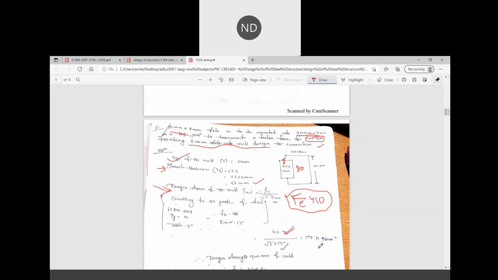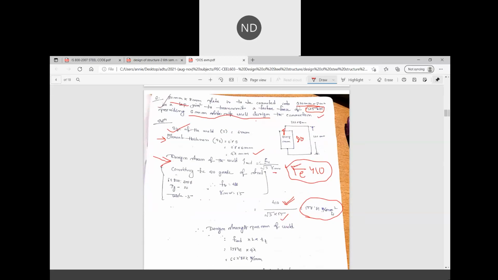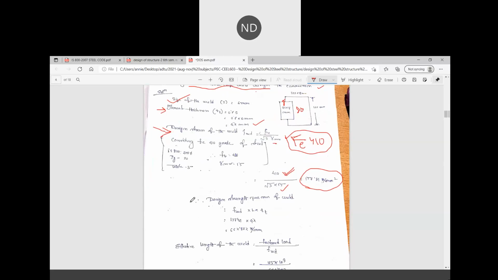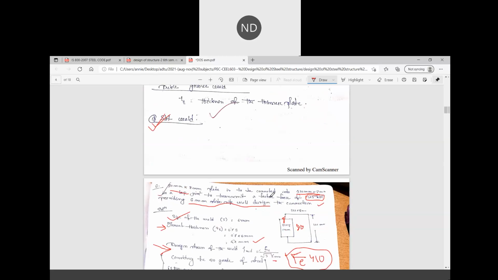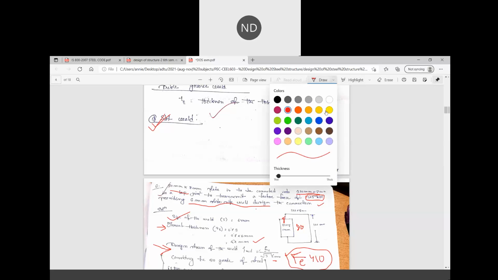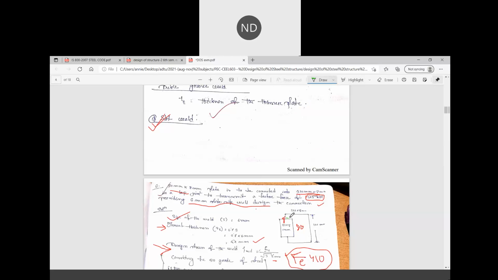So now once you calculate these, you will get your design stress. Once you get your design stress, you know the design strength is fwd into length into throat thickness. Now here in your question, the length of the weld: obviously these two are joined together, so welding has to be done here, this one, this one, this one.